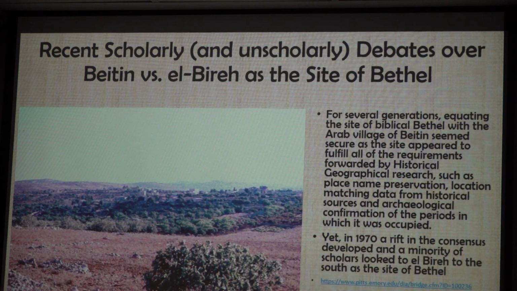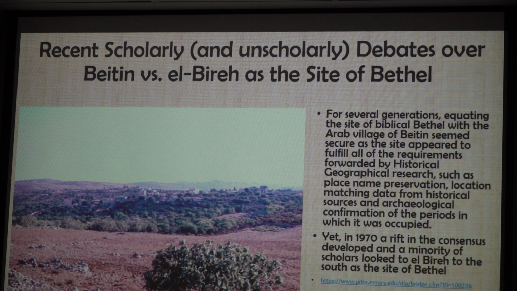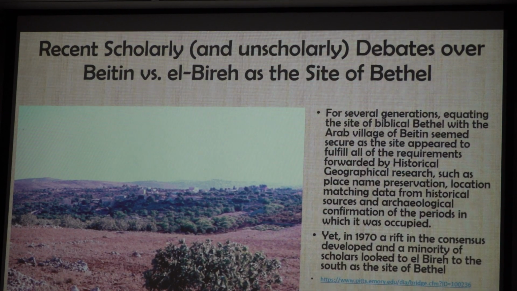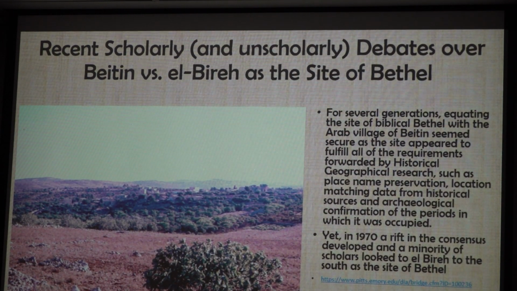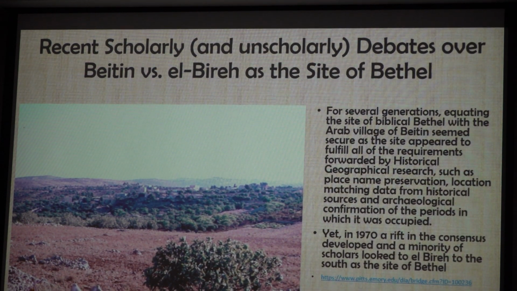Now, with this concern over the lack of any kind of high place found at Beitin, there was another issue forming, and the issue was the site of Ai. And the site of Ai long was recognized as Et Tel to the east of Bethel, but a number of scholars questioned that, and then by questioning the site of Et Tel as Ai, that put the site of Beitin as Bethel under reconsideration as well.